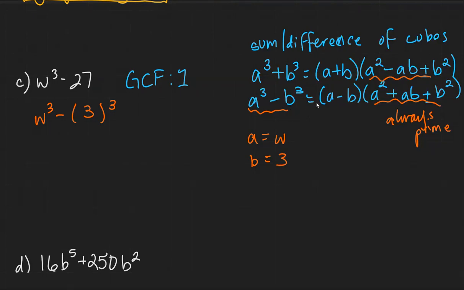Okay, let's apply this pattern. So this is going to equal a minus b, so w minus 3, times a squared, so that's w squared, plus a times b, so w times 3, that's better known as 3w, plus b squared, 3 squared, 9.